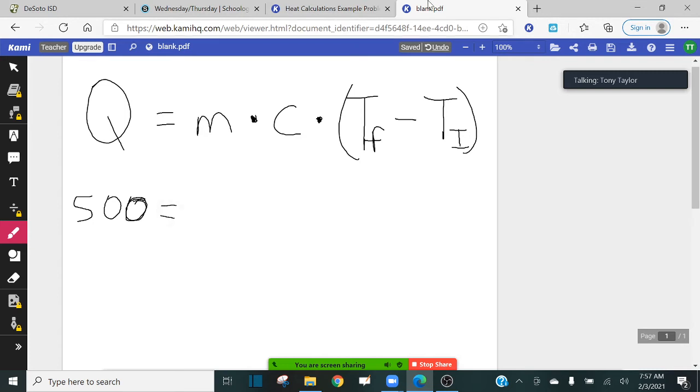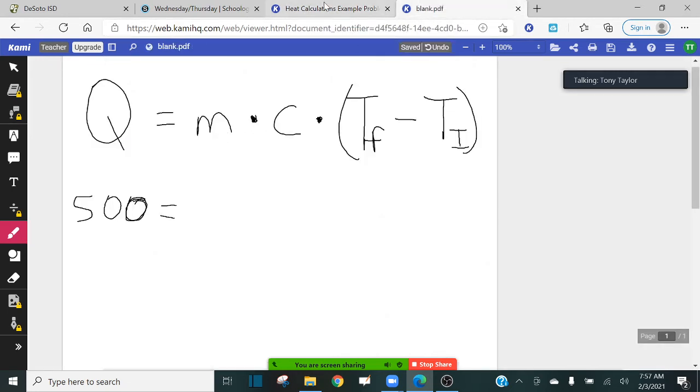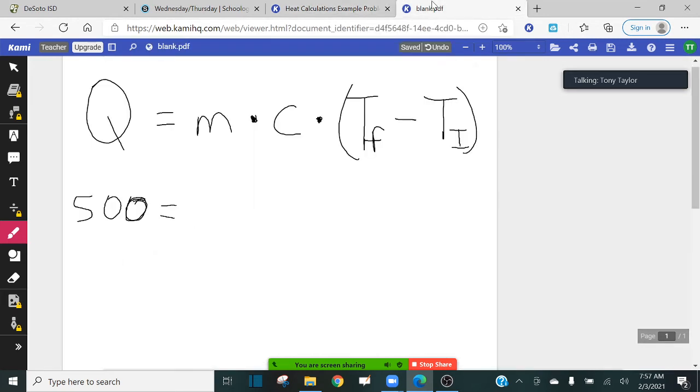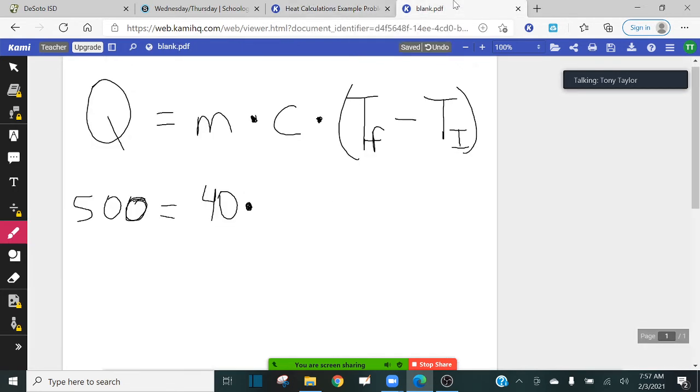So 500 joules of heat energy was absorbed by the water. The mass of the water is 40 grams. So you guys can see that. We're also given the specific heat of the water, which is 4.18.